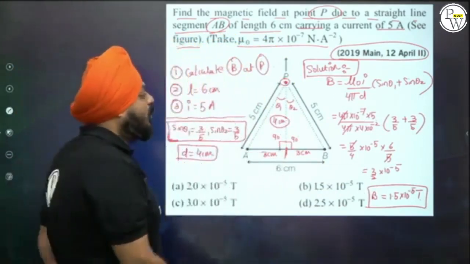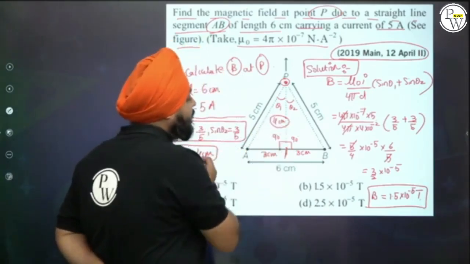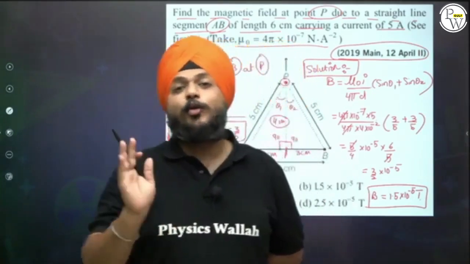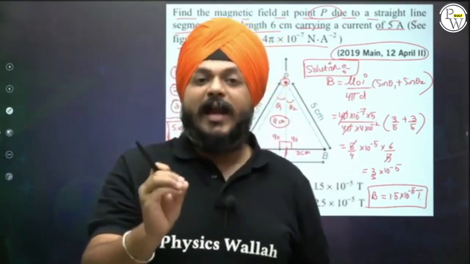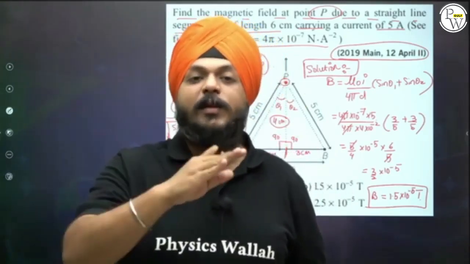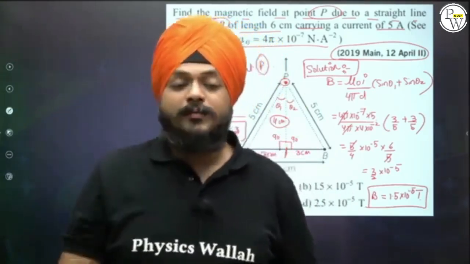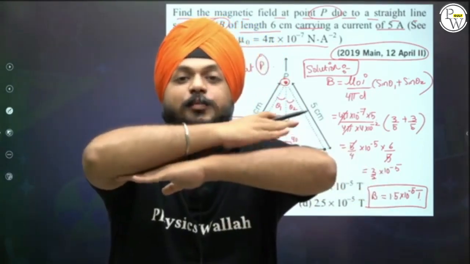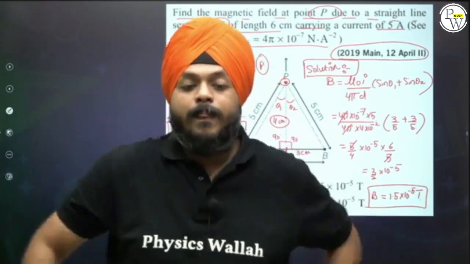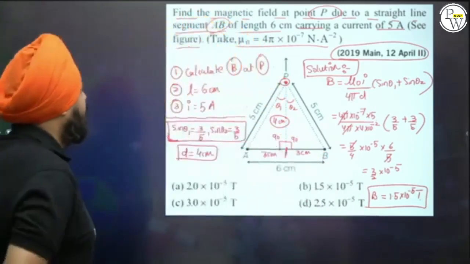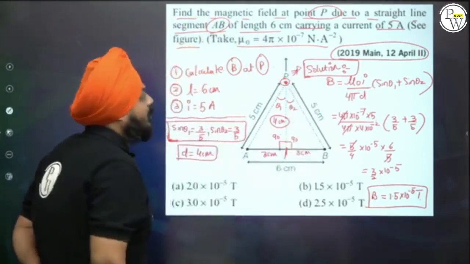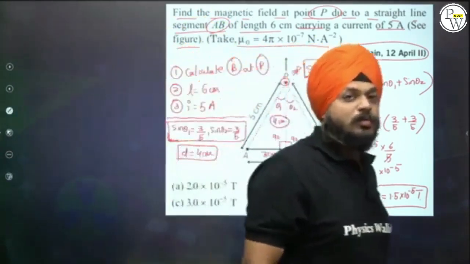I told you that if it is extending up to infinity, then theta 1 and theta 2, for the side which is extending up to infinity, make an angle with respect to the point as pi by 2. Like this way, suppose it extends up to infinity, it keeps moving on. Yes or no, guys?